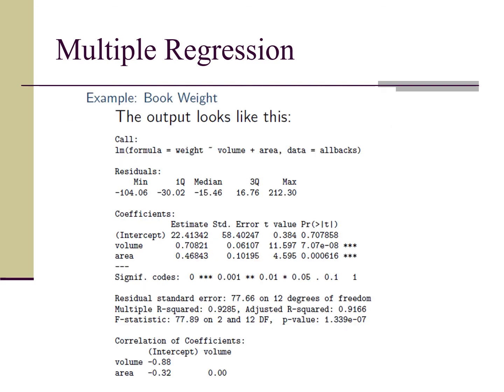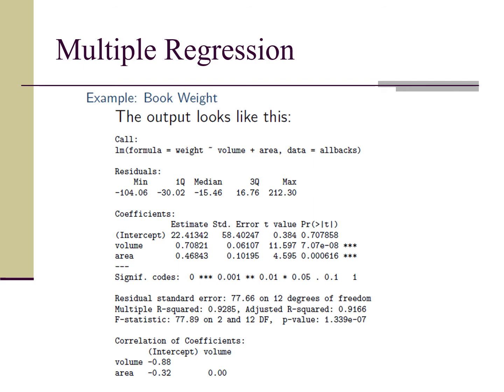Okay, so let's look at the output. First, it tells us what the call was, then it tells us something about the residuals, and now it's going to tell us something about the coefficients. And it has come up with an equation that the weight of the book is equal to 22.4 grams plus the volume of the book times 0.708 plus approximately 0.47 times the area. I'm just going to truncate the rest of the numbers because it just wastes time.